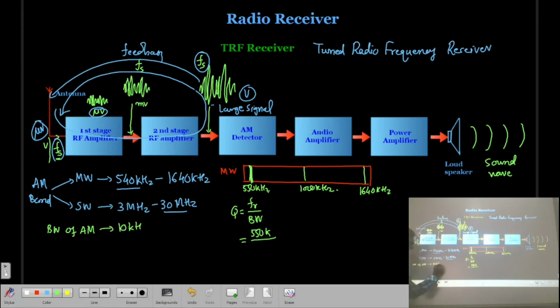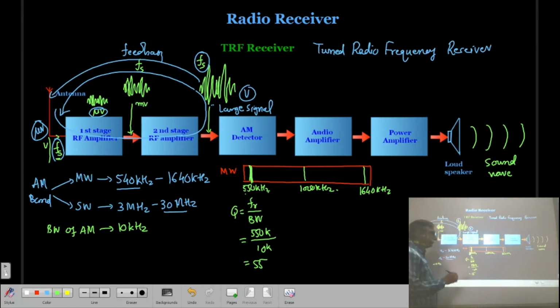It is a standard one. Remember, any AM transmitter in the world has a bandwidth of only 10 kilohertz. Okay? So here the bandwidth is 10 kilohertz, then what is my quality factor? It is going to be 55 when I am tuning the frequency of 550 kilohertz.